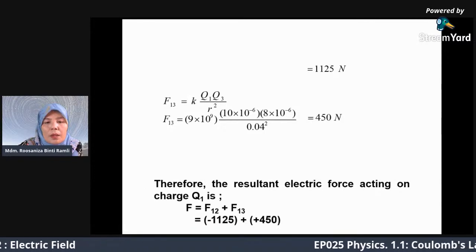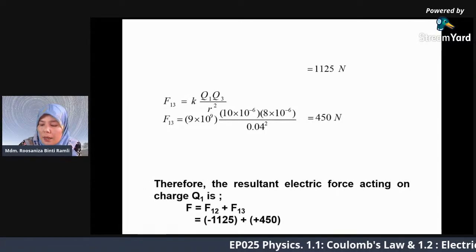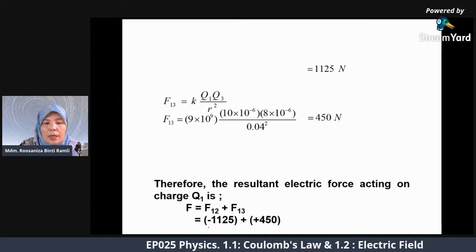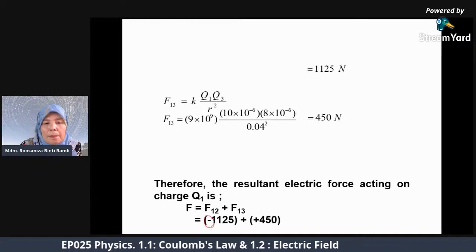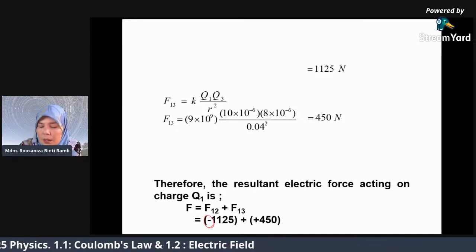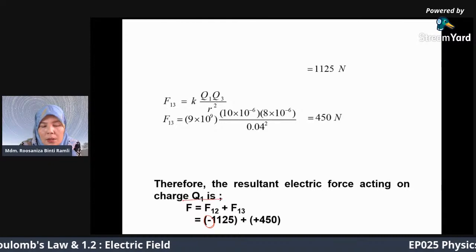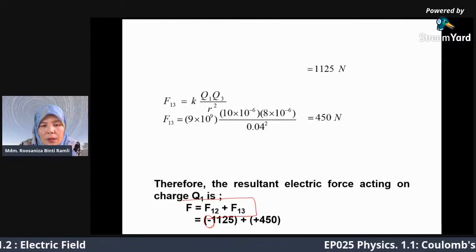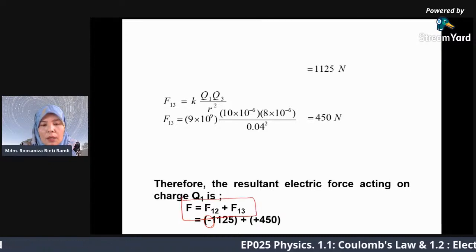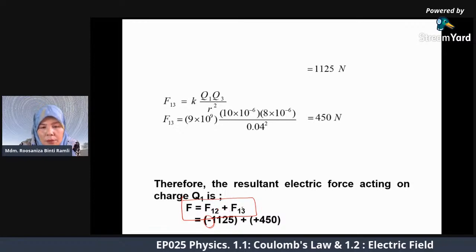Okay, in case the direction is to the left, you must put the negative sign. So the general equation for the resultant is F is equal to F12 plus F13.